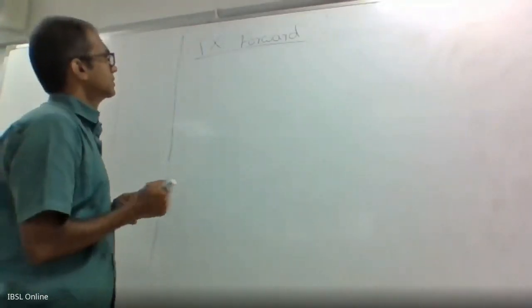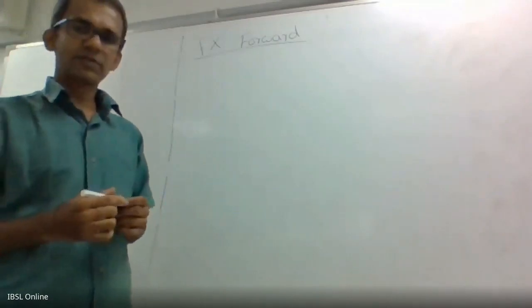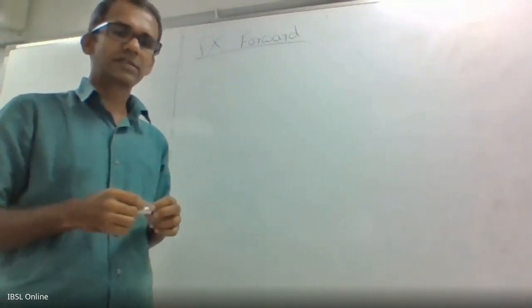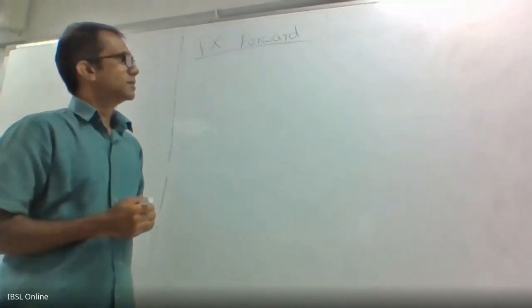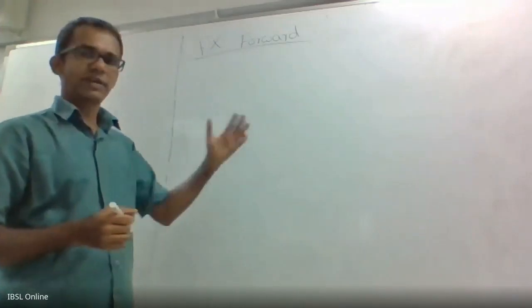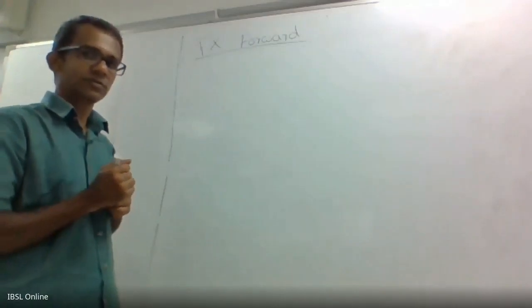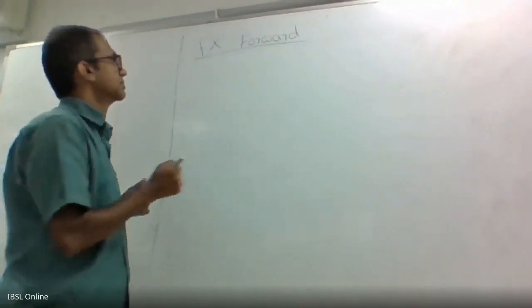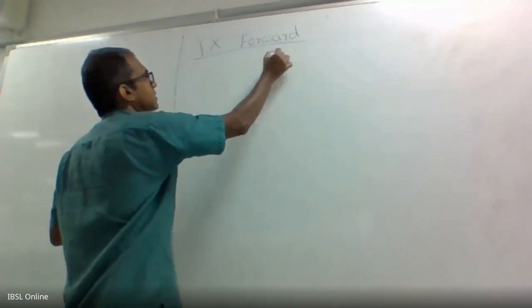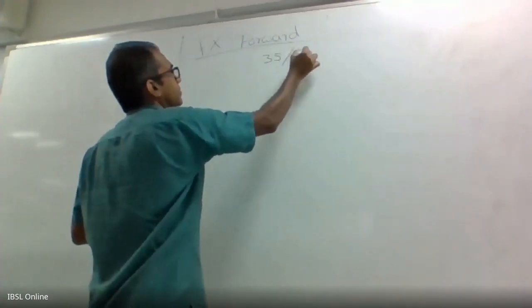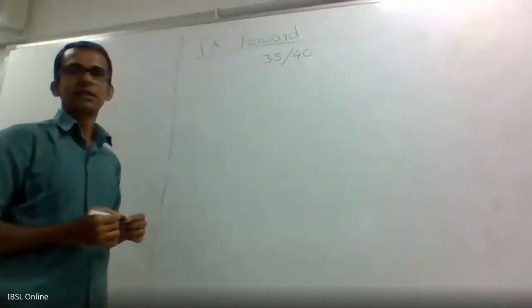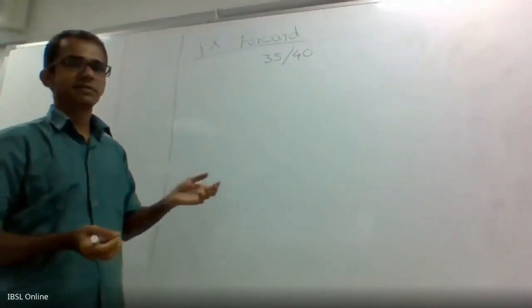The next thing in the market, when you want to do a transaction in forward, the market won't quote you the forward rate itself, but instead the market will quote you forward points. Say 35, 40, like this. What does it mean?